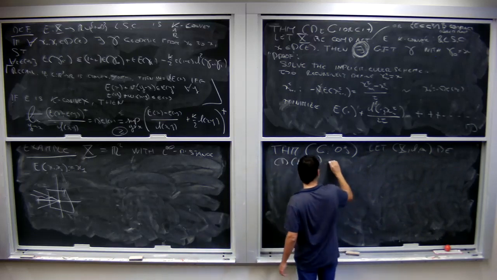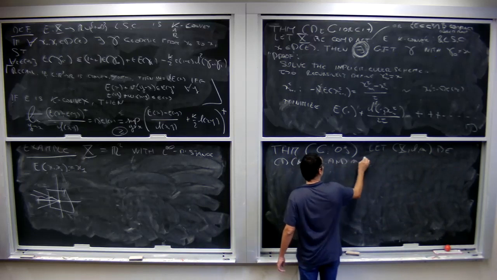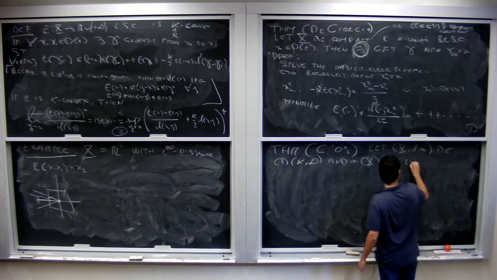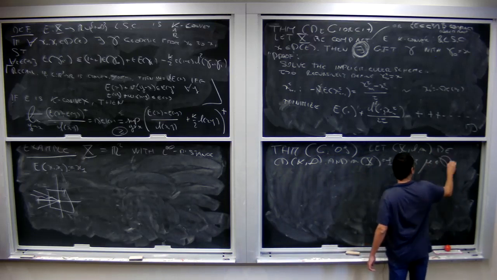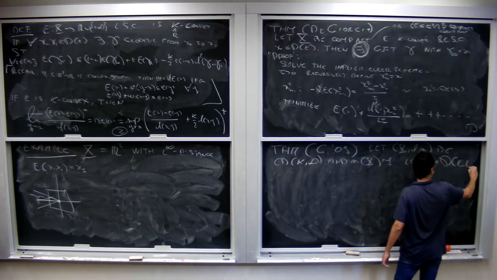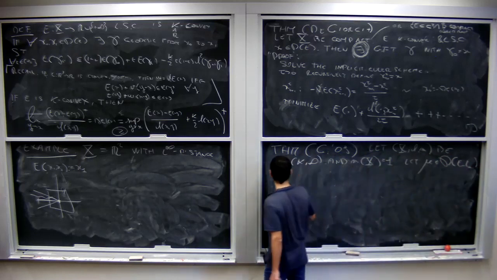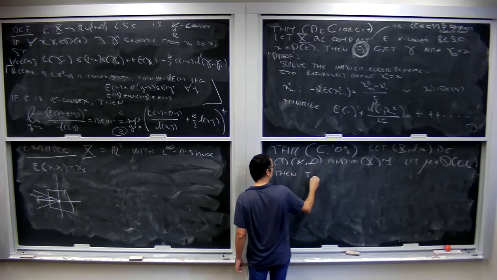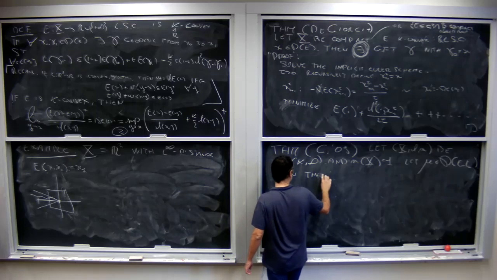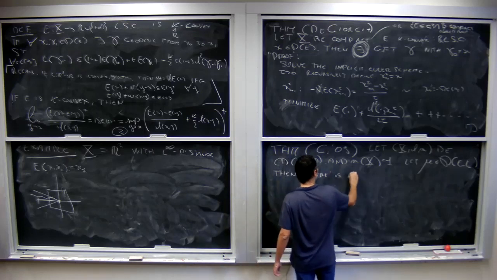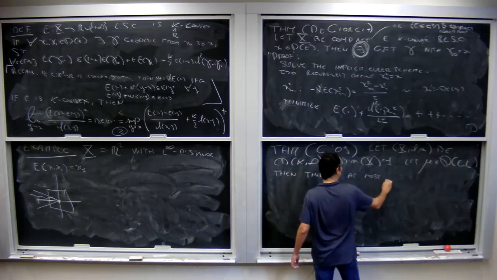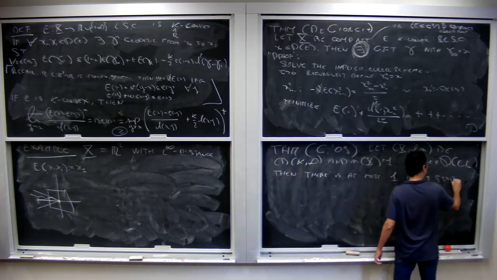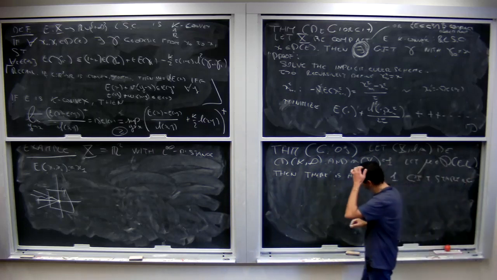Let's say a normalized space. Let mu be in the domain of the relative entropy. Then there is at most one gradient flow trajectory starting from mu.